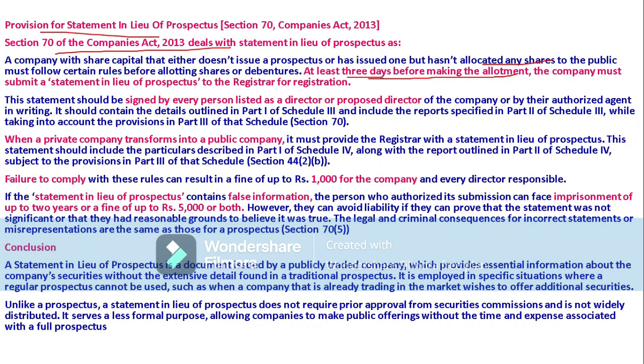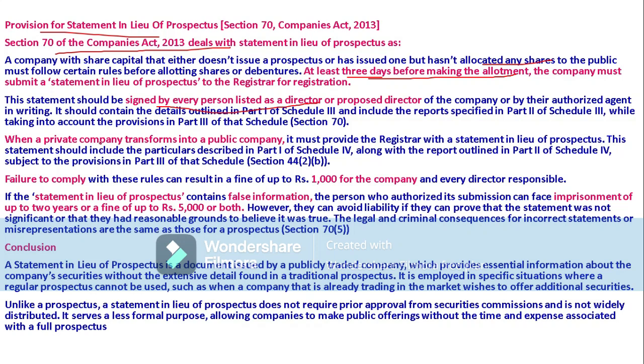So on what basis the allotment has been made should be submitted to the ROC. This statement should be signed by every person listed as a director, those are the responsible persons, so they should sign on that particular document which is submitted to the ROC. Those are the authorized agents.